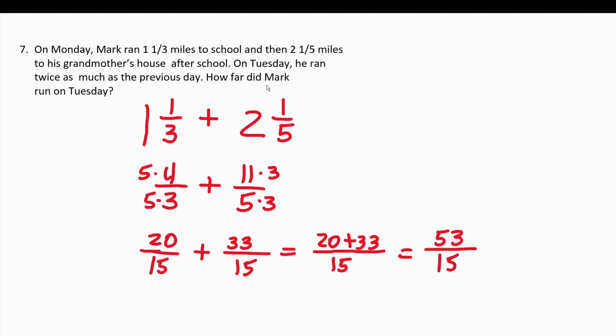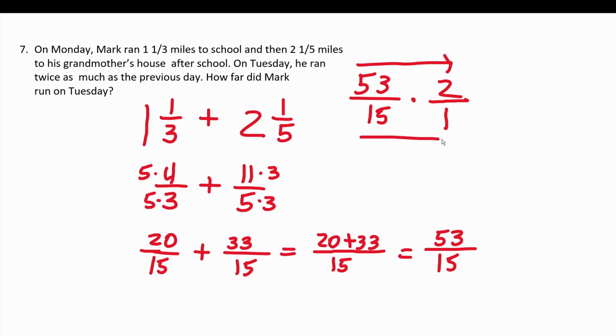According to the problem, he ran twice as much as he did on Monday on Tuesday. So to answer this question, we're going to take 53 over 15 and multiply it by 2. Again, we're multiplying an improper fraction by a whole number, so we want to make this whole number a fraction as well by placing it over 1. And now we're just multiplying straight across.